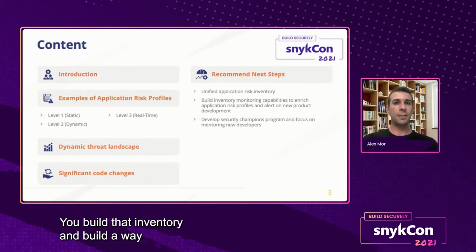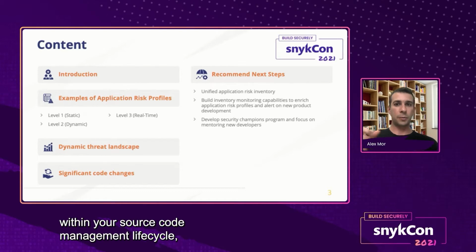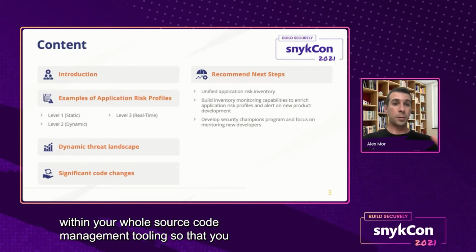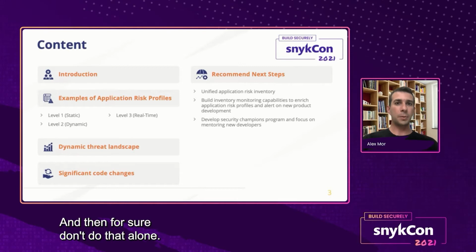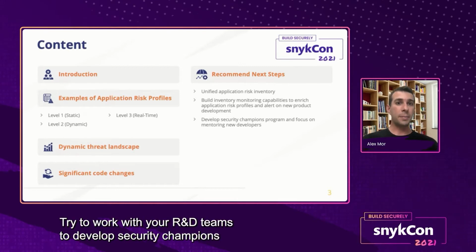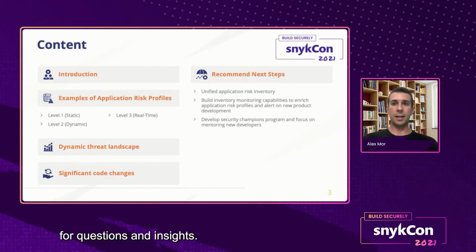Build that inventory and build a way to monitor changes within your software management lifecycle, within your whole source code management tooling, so that you know about a new application or changes in some of the repositories. And for sure, don't do that alone. Work with your R&D teams to develop a security champions program and have an inside person to help come to you with questions and insights.